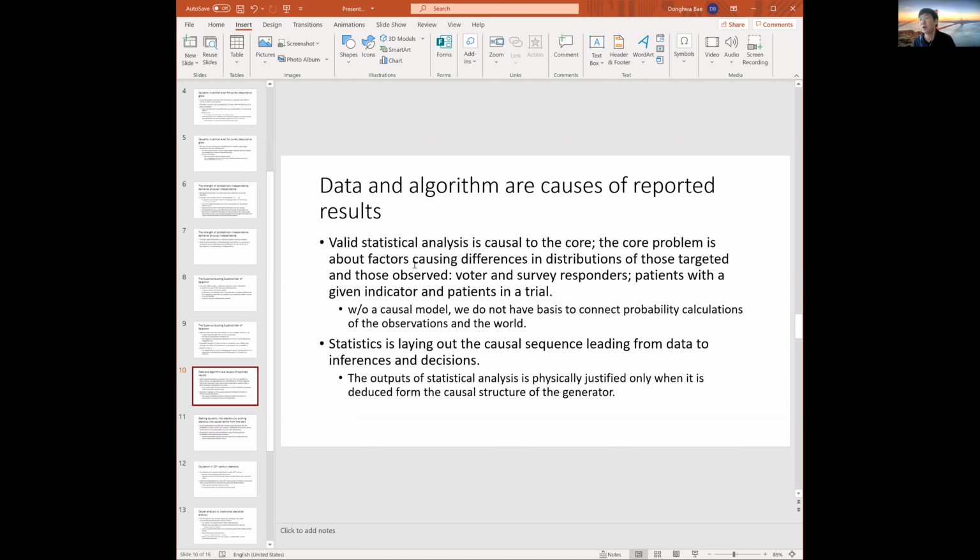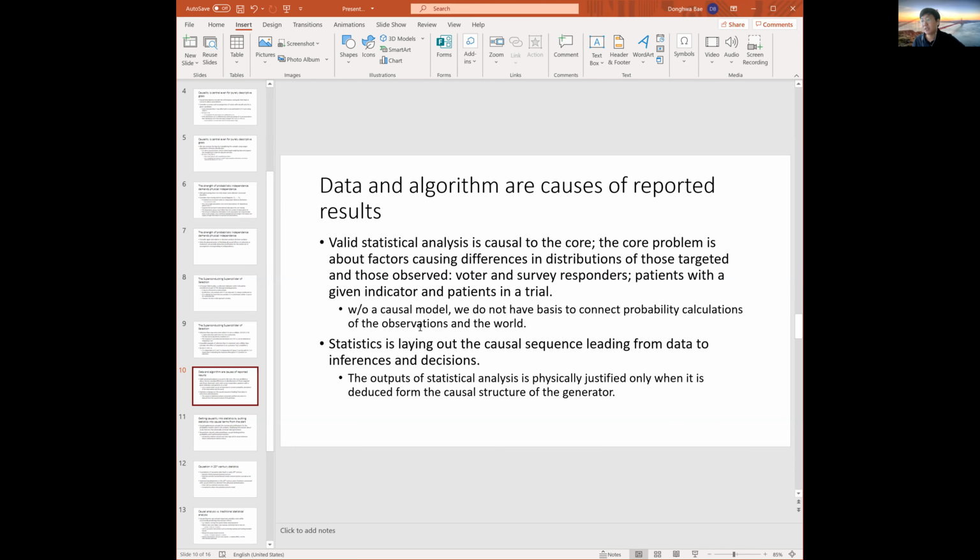So without a causal model, we do not have a basis to connect the probability calculations of the observations and the real world. So the causal model is a kind of connection between the two parts.